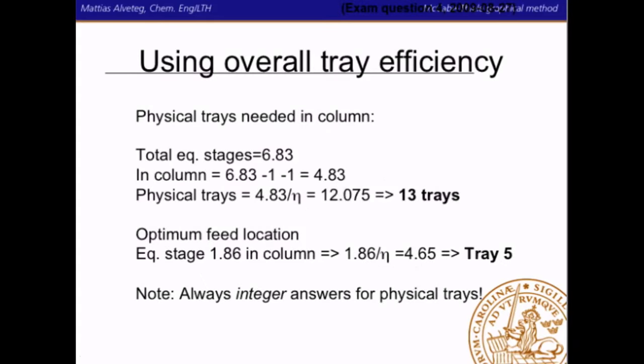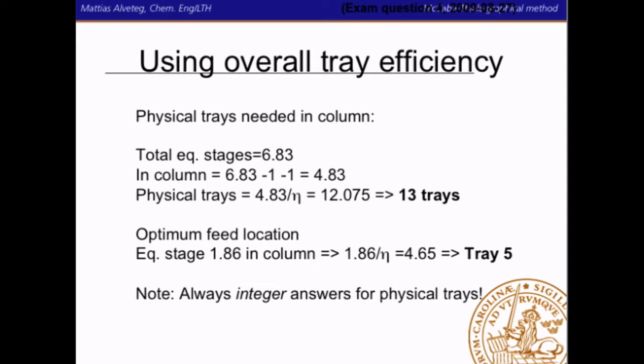Now we need to recalculate that into physical trays, so we divide the number of equilibrium stages within the column with the overall tray efficiency, and we get 12.07, and we round that up to the nearest integer and get 13 trays. So 13 trays in total. The optimal feed location, if we want to calculate that from equilibrium stages to physical trays, we do the same thing.